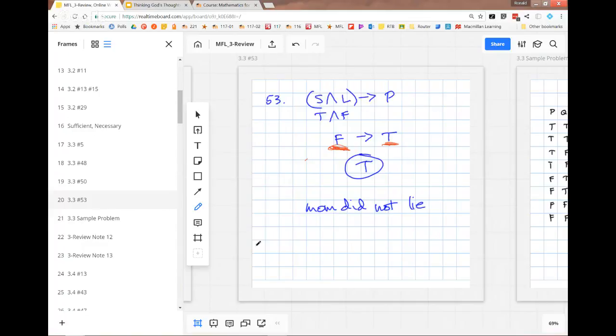I was really trying to figure out how we went from the S and L to the T and F. What that meant was, one of the statements in the S and L was true, and the other one was false. So he did eat the spinach, but he did not eat the liver.